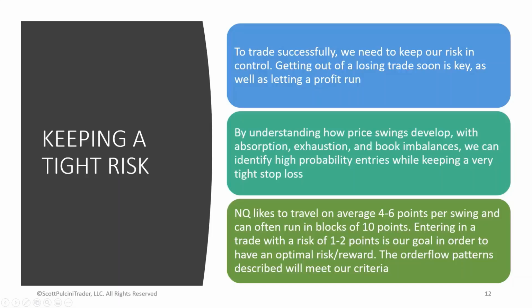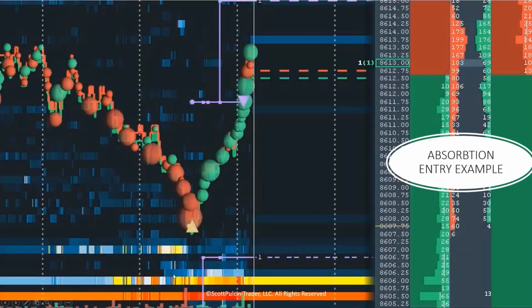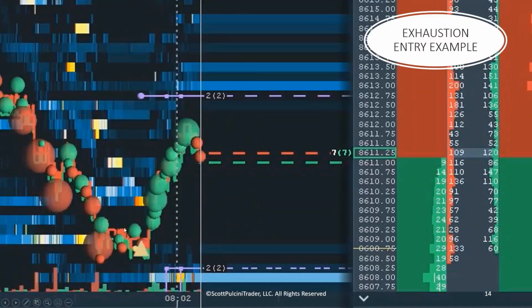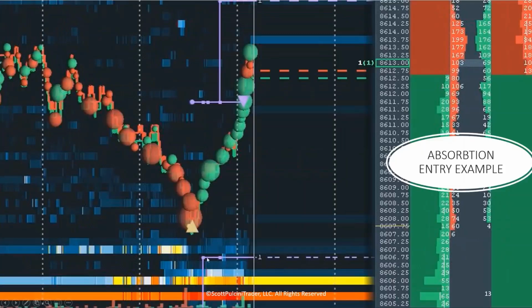Okay, let's see some example trades. If price comes down to a level, there's some liquidity down here but it gets front run, and there's a peak of selling activity down here. Let me go back for a second. There's a peak of selling activity over here.